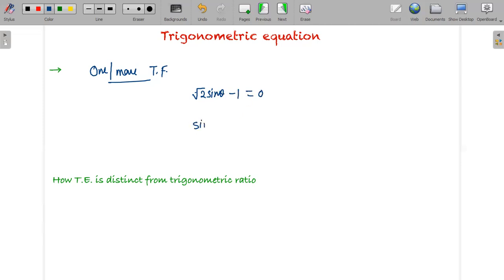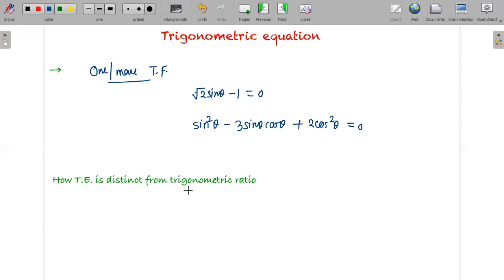For example, let it be sine square theta minus 3 sine theta cosine theta plus 2 cosine square theta equals 0. If that is the case, then sir, we already did this in trigonometric ratios, because there was also one or more trigonometric functions involved.